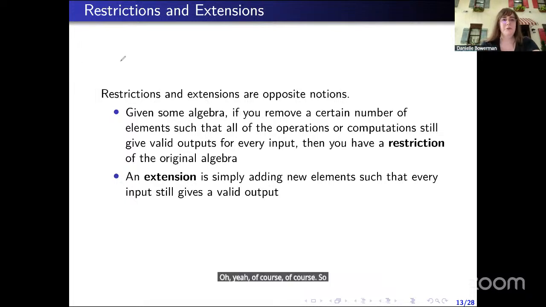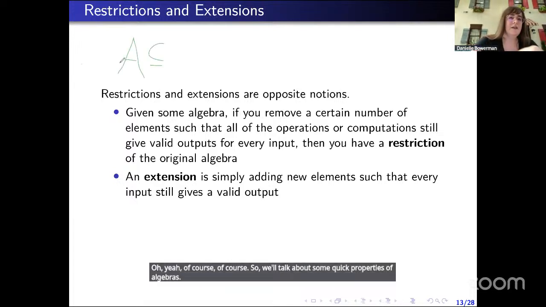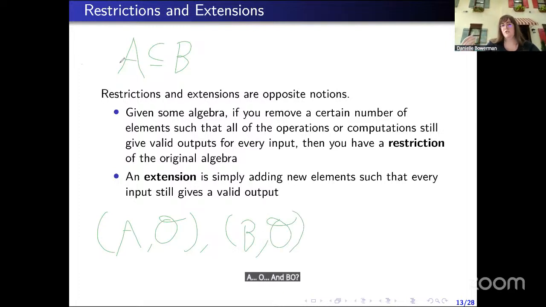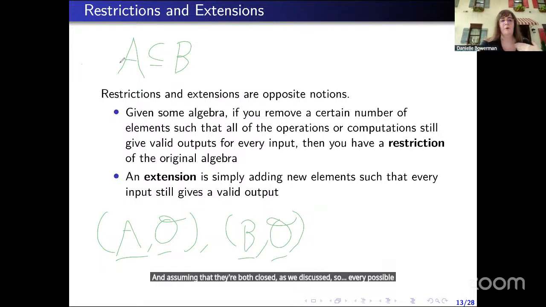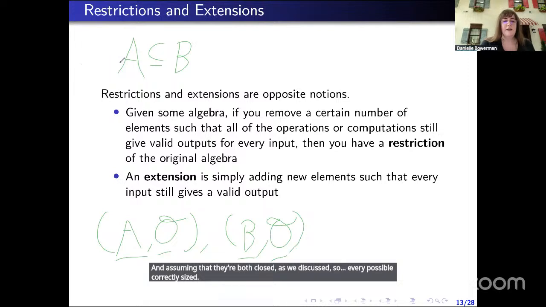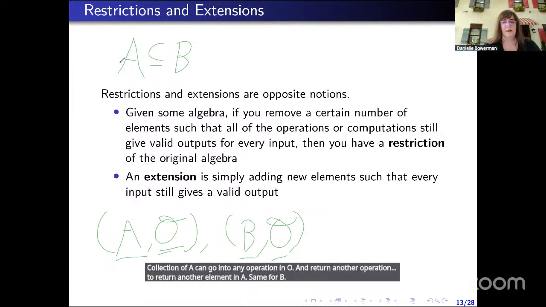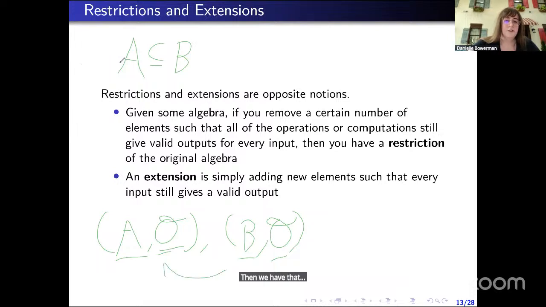So we'll talk about some quick properties of algebras, given that A is contained in B. If you've got algebras A and B with operations O, and assuming that they're both closed, as we discussed, so every possible correctly sized collection of A can go into any operation in O and return another element in A. Same for B. Then we have that the algebra on the left is a restriction of the one on the right.